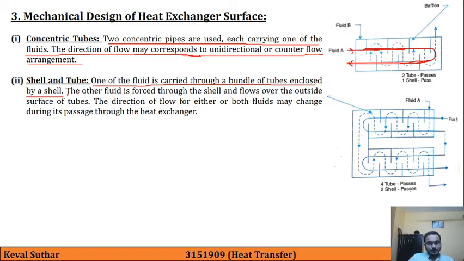The other fluid is forced to pass through the shell and flows over the outside surfaces of the tubes. So the second case is this: let us say that fluid B is entering here and it is passing like this around the tubes.